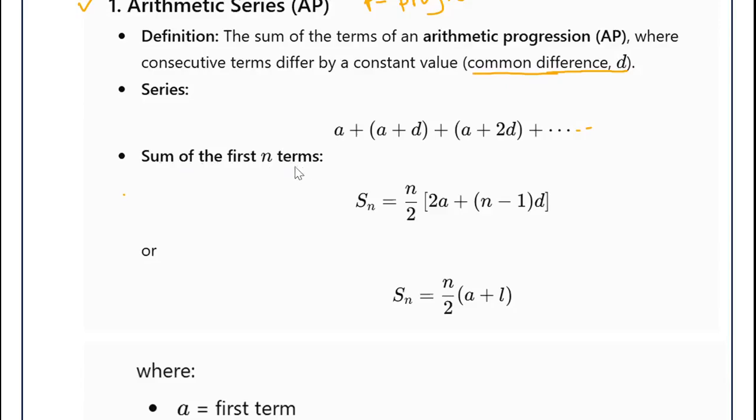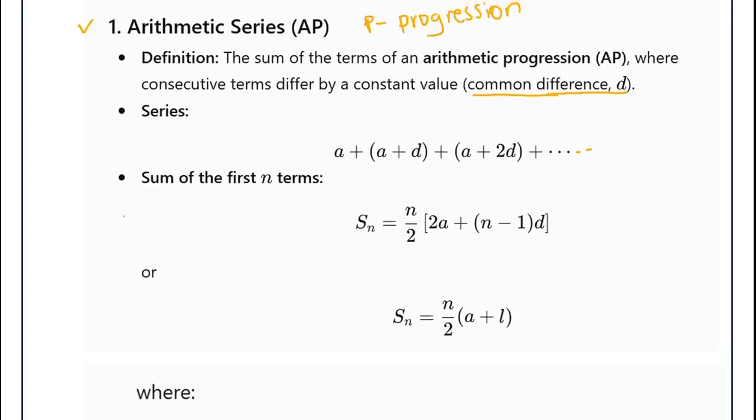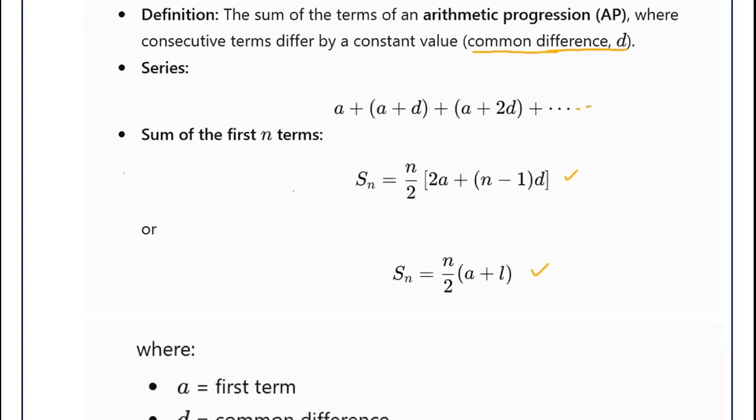The sum of the first n terms of an AP is given by Sn equals n over 2 into (2a plus (n minus 1) times d). Keep this formula in mind. Write it somewhere. You must always know this formula. Or it is the same as n over 2 into (the first term plus the last term). That is very important. Keep that in mind as well.